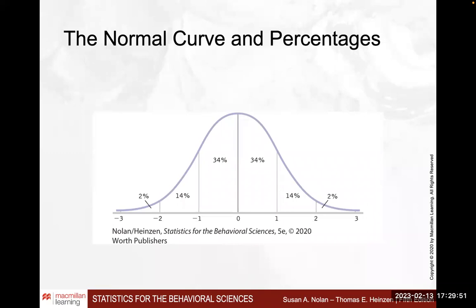If you go a little further and you take +2 and -2, you get an additional 28%. So this gets you to 96%, more specifically 95.7, but we rounded here. So within +2 and -2 standard deviations away from the mean, you're capturing 95.7% of your population.